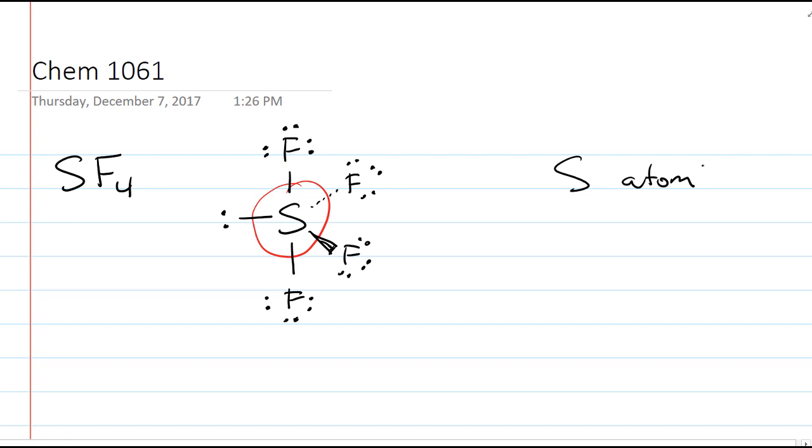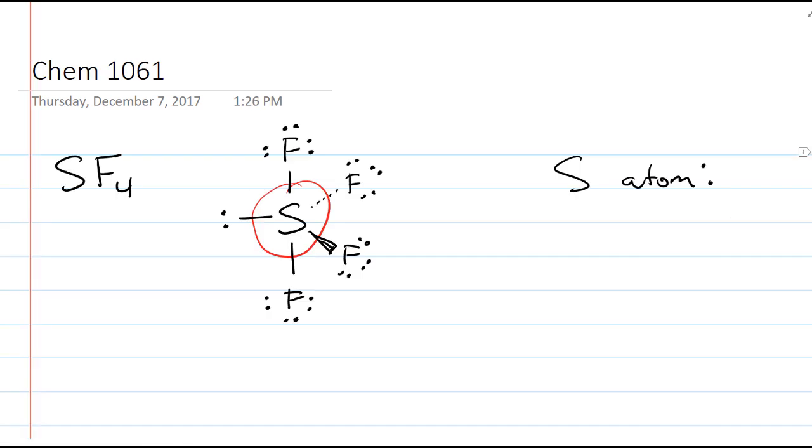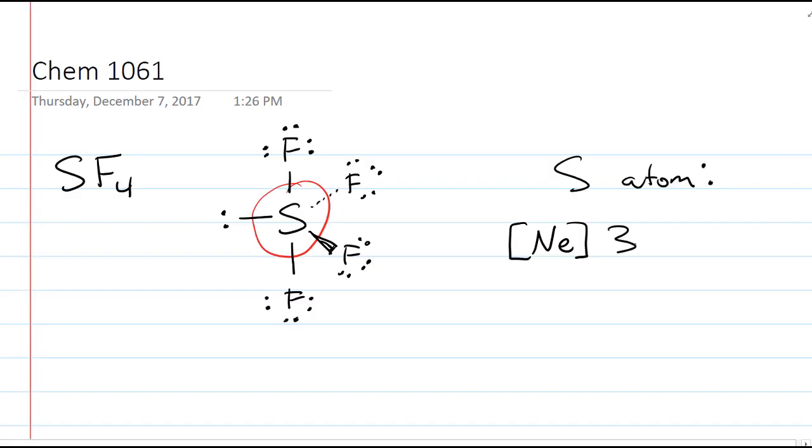When we look at the electron configuration for sulfur, we can go back to the previous noble gas, which is neon, and put the neon in square brackets. Then we write what comes after that, which takes us up through 3s2, and these here, which would give us 3p4. So [Ne] 3s2 3p4.